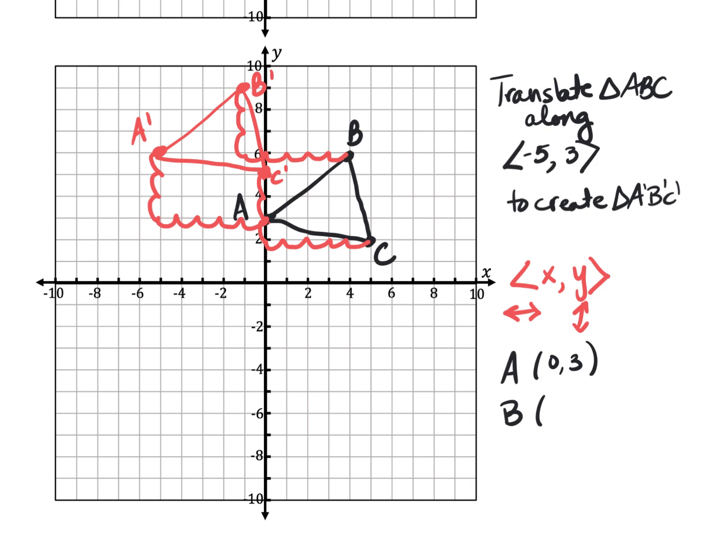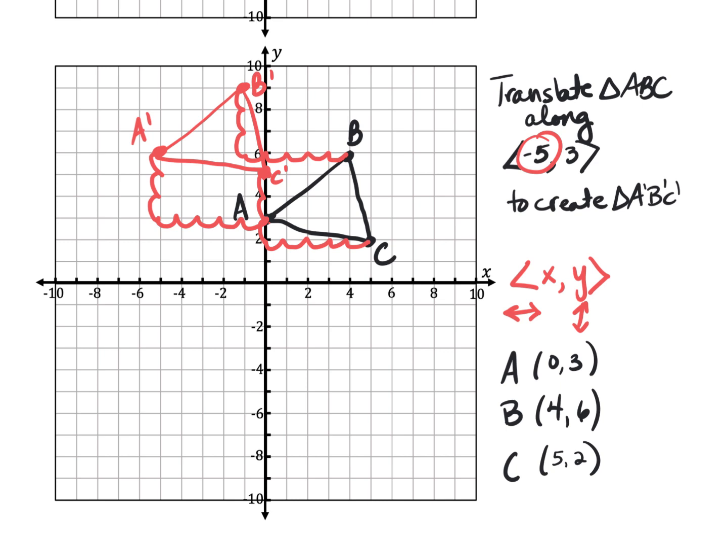B is at 4, 6. And C is at 5, 2. The other thing you could do is, because we're counting units, you'll notice we move 5 units to the left.